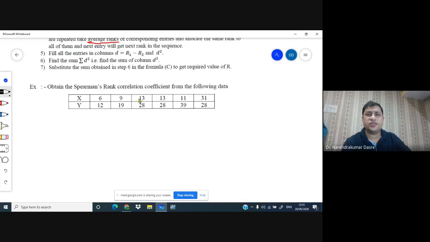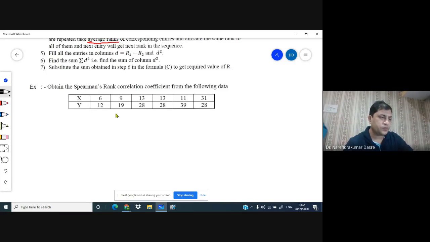You can see this 13 is repeated, and here 28, 28, and 28 is repeated. So from the data itself, you are able to guess whether it is going to be a repeated rank or a non-repeated rank. Non-repeated rank is much easier than repeated ranks.